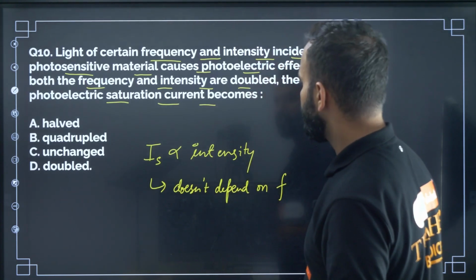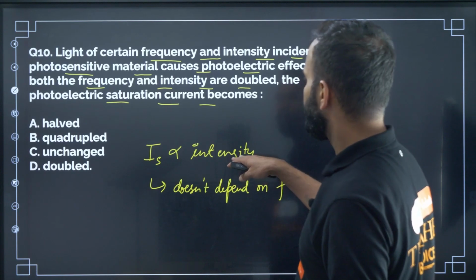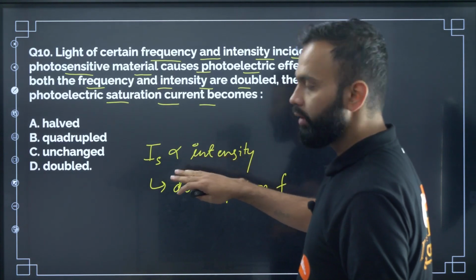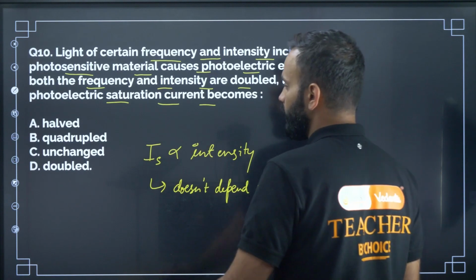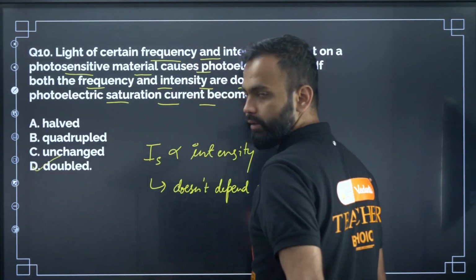So if the intensity of the incident light is doubled, then the saturation photo current will also be doubled. So option D is the correct answer.